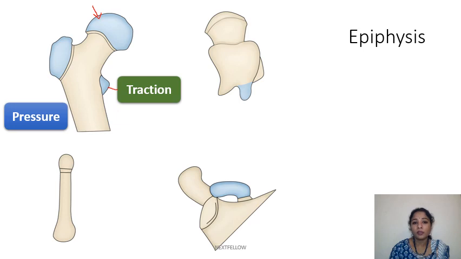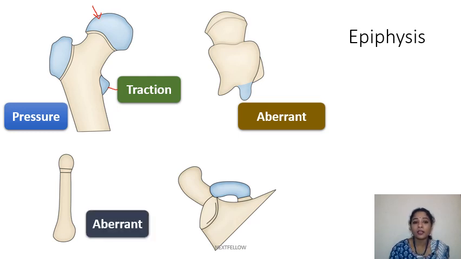So next about aberrant epiphysis. These epiphyses are the deviations from the normal anatomy, and they are not always present. And for example, here the epiphysis of posterior tubercle of talus.